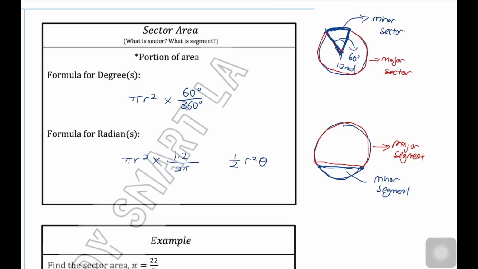So some teachers will tell you to memorize that the formula for finding sector area is actually half r square theta. And over here, let me show you first how to derive this. The way to derive this is actually from your formula for radian. So over here, let's try to simplify this formula.